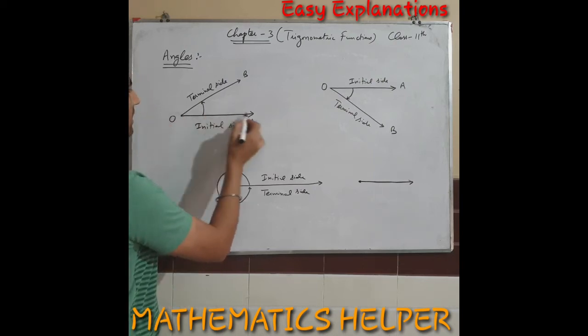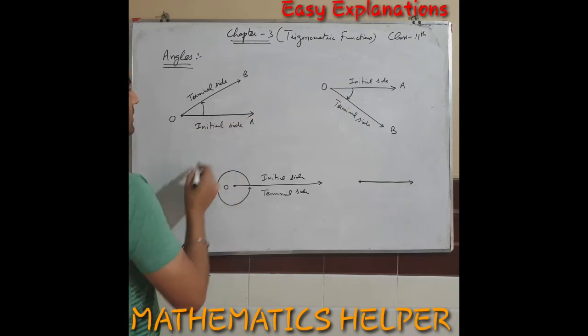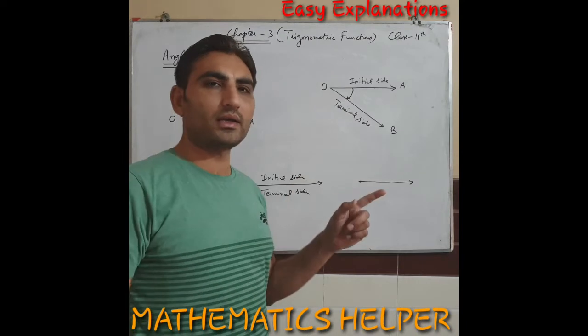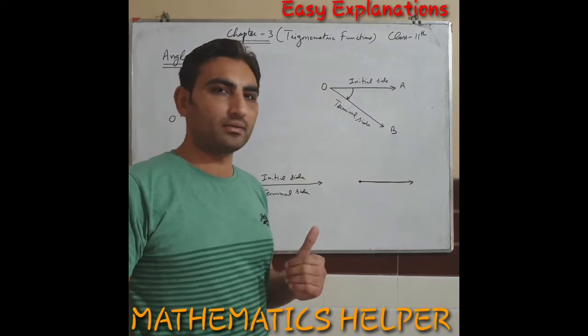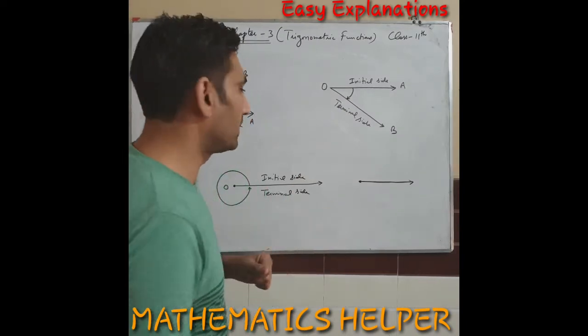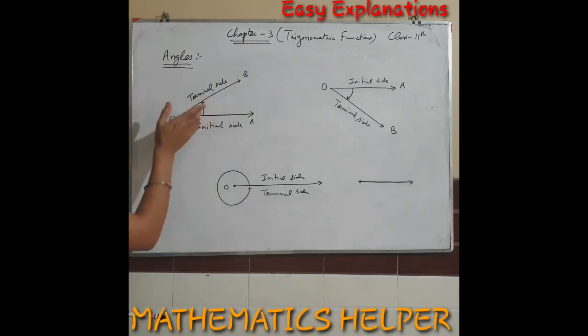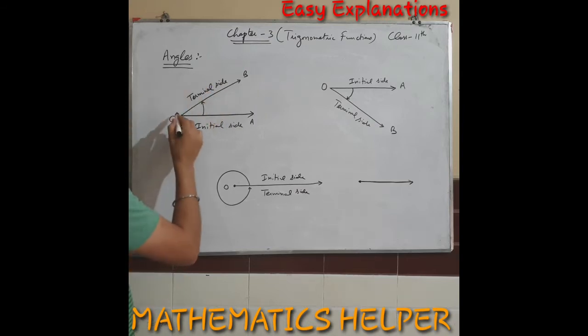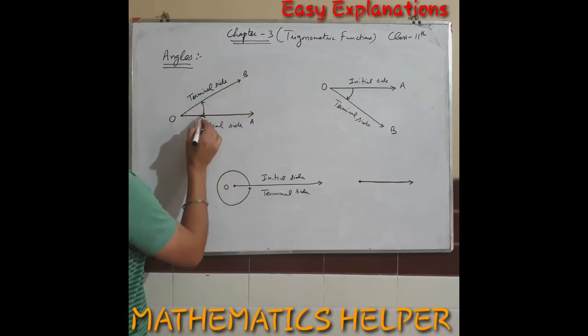And here I mark the name OA. Then you need one more ray with the same vertex to form an angle. But there are two different possibilities. One, you can draw an angle in this anti-clockwise direction. I used another ray OB and marked the angle in this anti-clockwise direction.